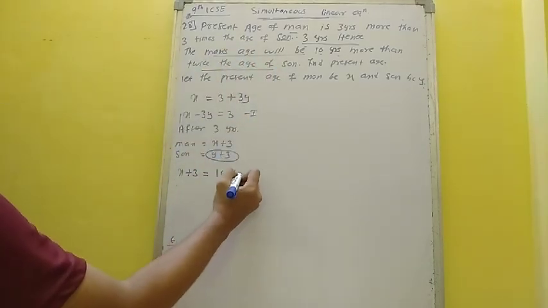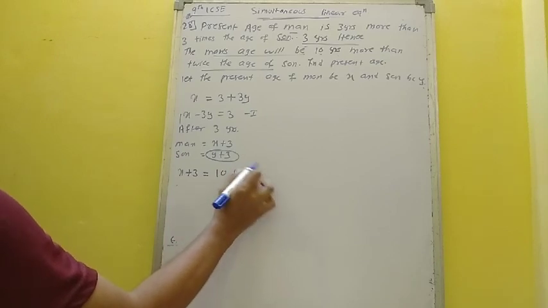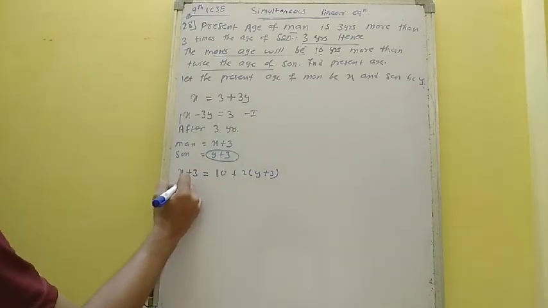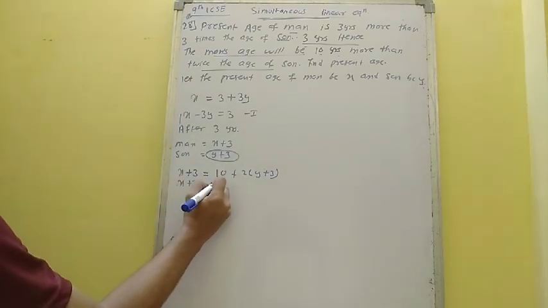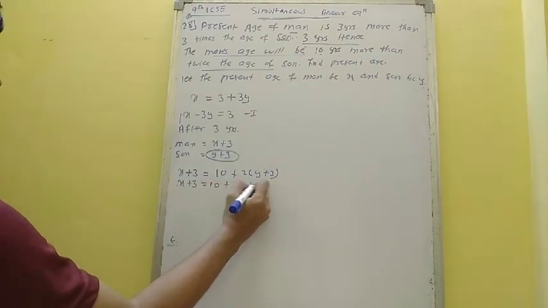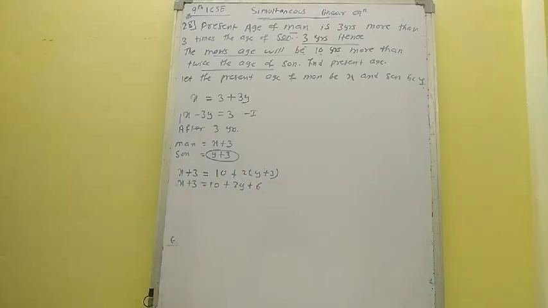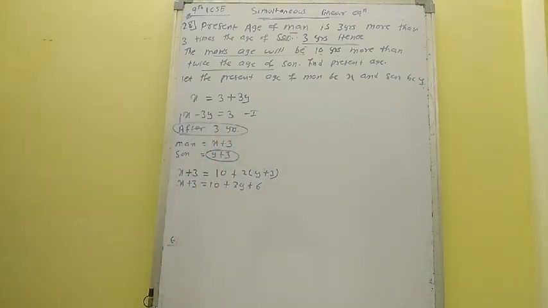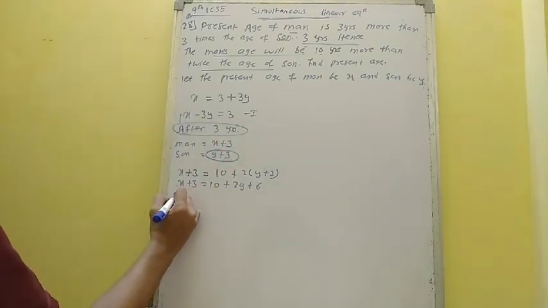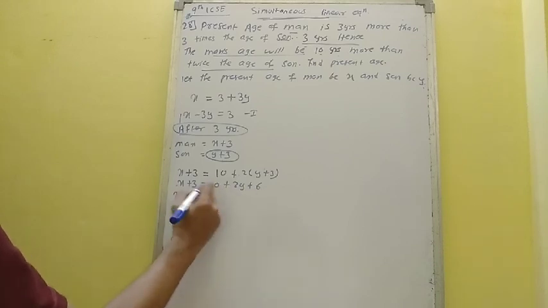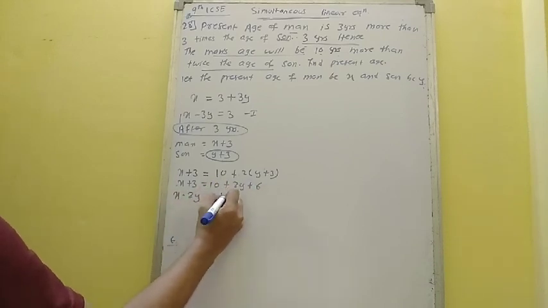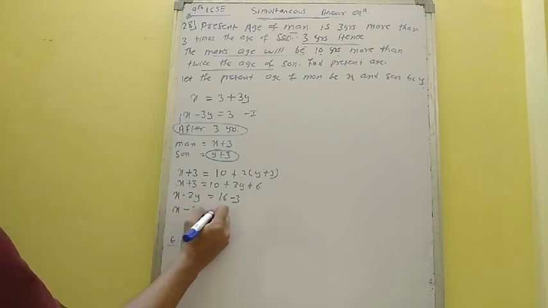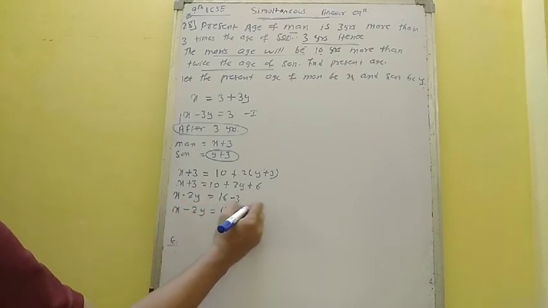Age of the son after 3 years is 2 into y plus 3. So x plus 3 is equal to 10 plus 2y plus 6. Okay, by mistake I considered y, but we are seeing it after 3 years, right? 3 years hence. So x minus 2y is equal to 10 plus 6, 16 minus 3. So x minus 2y is equal to 13.